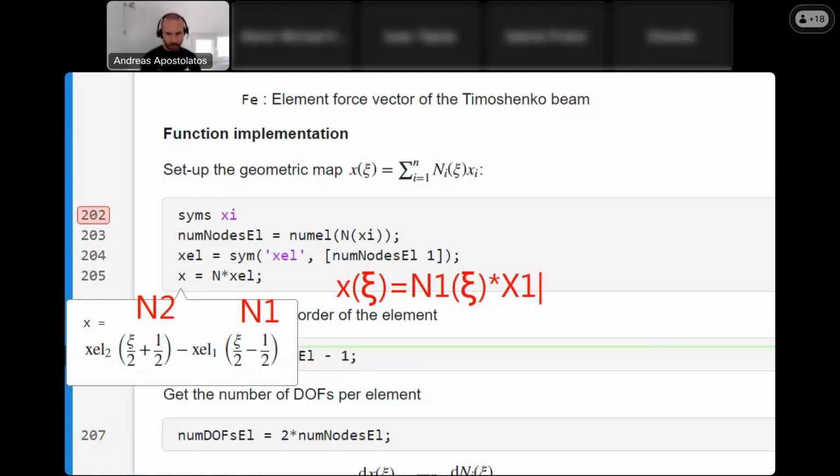N1 of psi times x1 plus N2 of psi times x2.